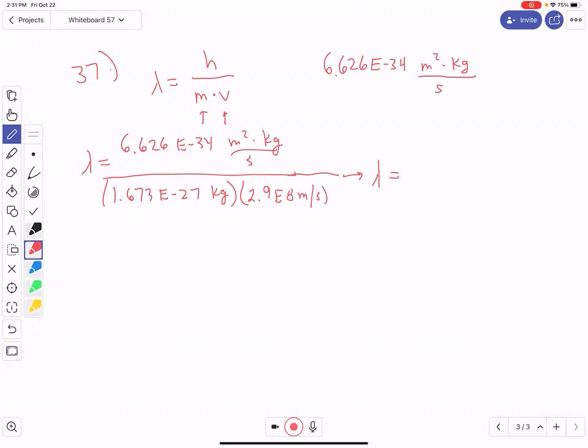So 6.626 e to the negative 34 divided by 1.673 e to the negative 27 times the speed, 2.9 to the 8th.